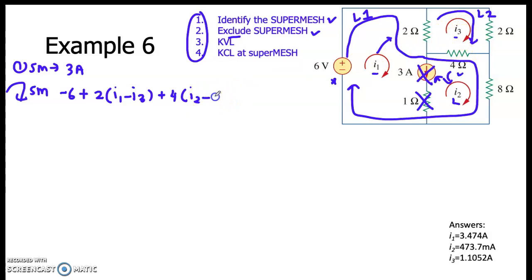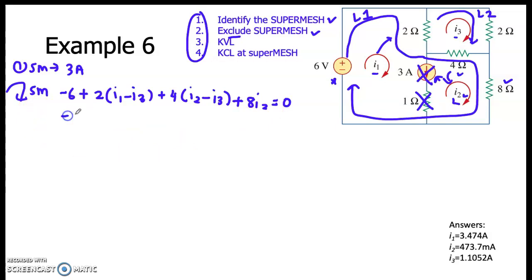So I2 minus I3. Okay? Plus, you're not finished yet. And then you get 8. What is the current across 8? That is I2, equal to 0.